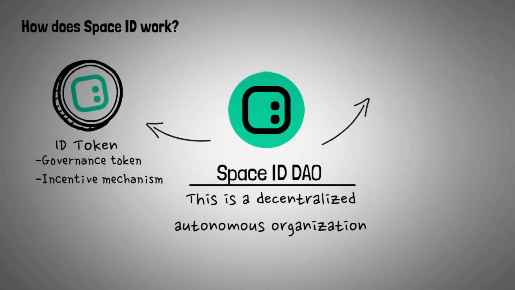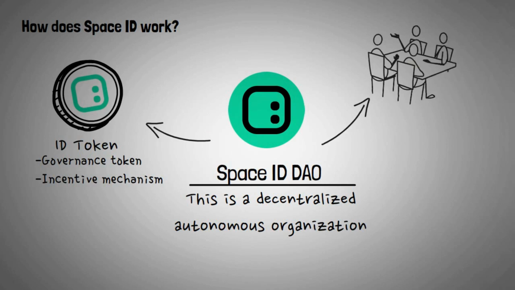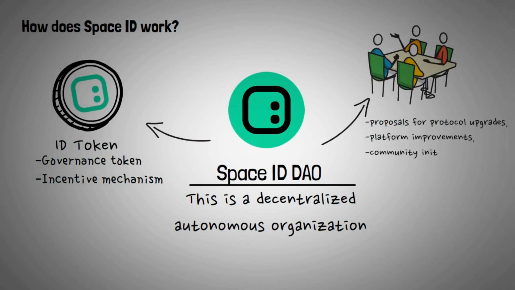The DAO is responsible for making key decisions about the development and direction of the project, including proposals for protocol changes, platform improvements, and community initiatives. And because it's a truly decentralized model, every ID token holder has a voice in the decision-making process.